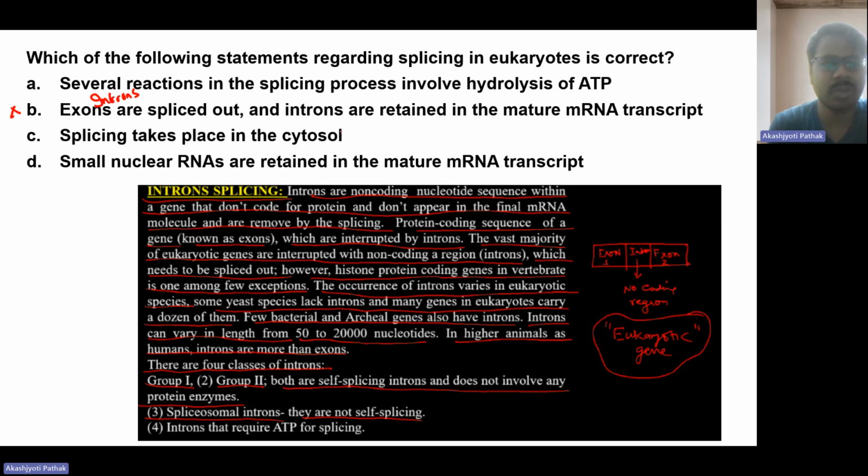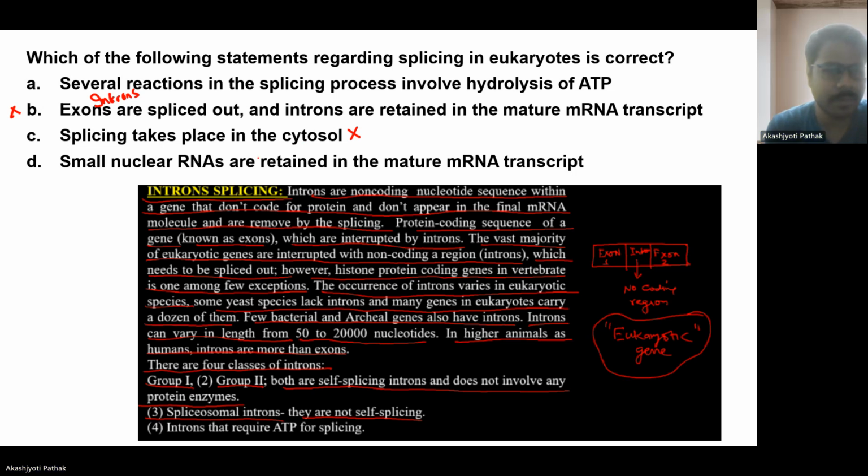Splicing takes place in the cytosol. This is also wrong. Just now we learned the concept that the entire mRNA processing takes place in the nucleus before the RNA can be transported out of the nucleus into the cytosol. There have to be several modifications taking place. So splicing in the cytosol is incorrect.